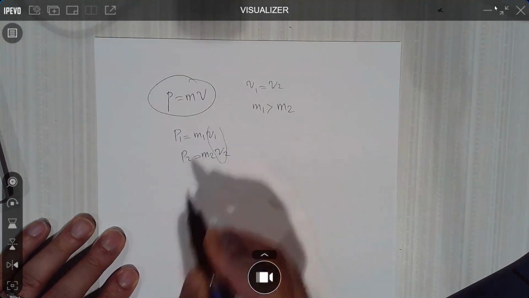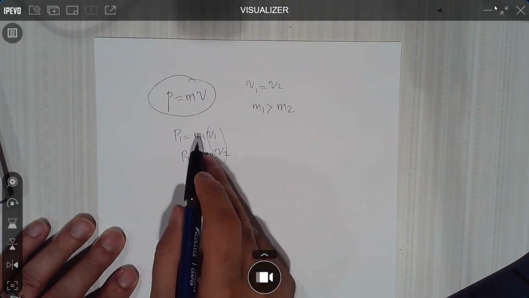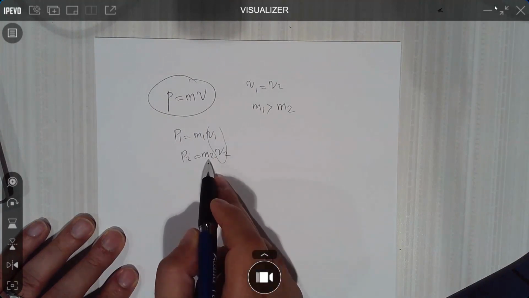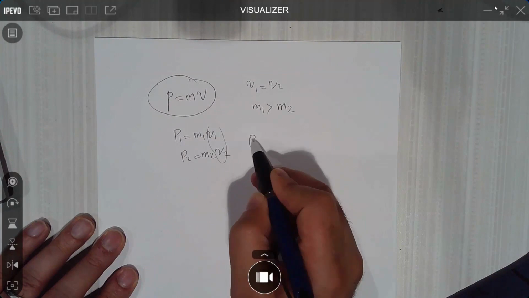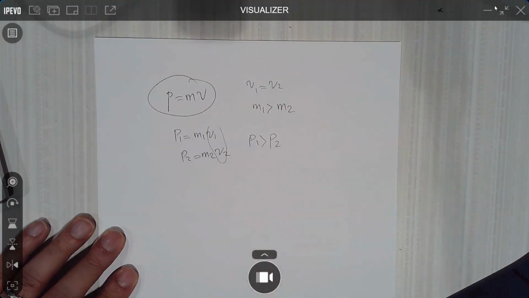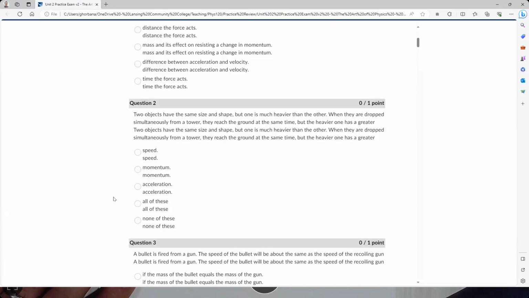Because v1 and v2 are equal, if m1 is bigger than m2, definitely the momentum p1 would be bigger than momentum p2. Good? So if we come back to this question, which one is the right answer then? Momentum will be the right answer.